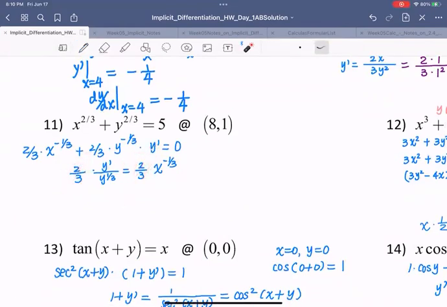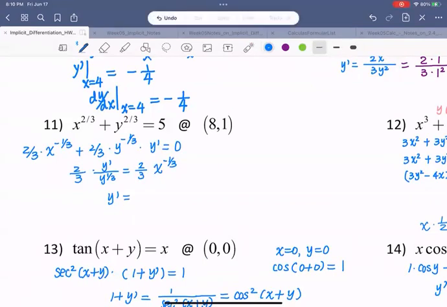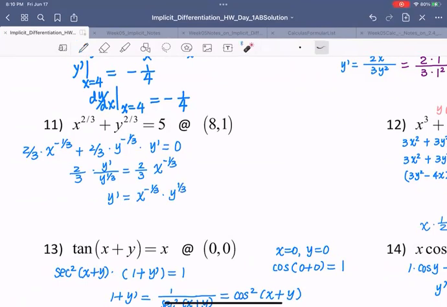They can be gone. So y prime equals x to the power of negative 1/3 times y to the 1/3. That's it. Now we want to plug in. You have 8, 1. Go ahead.